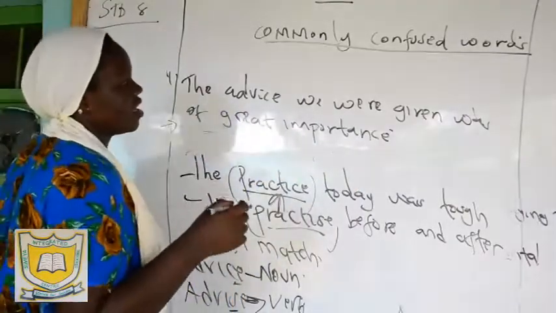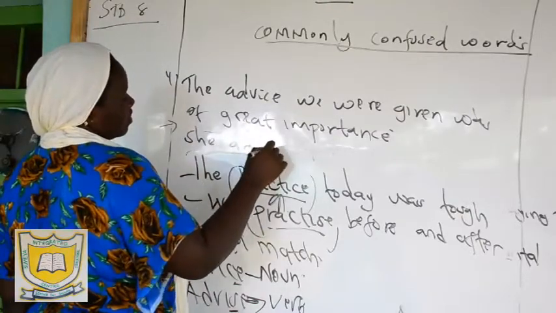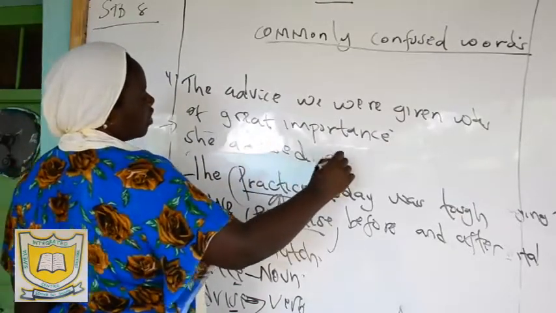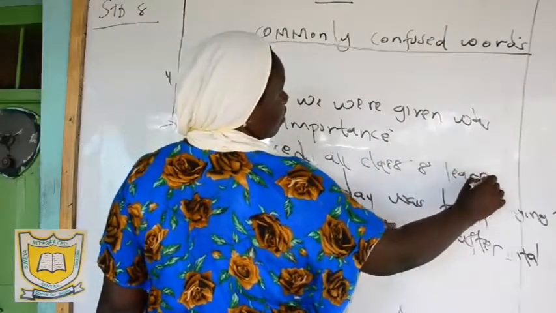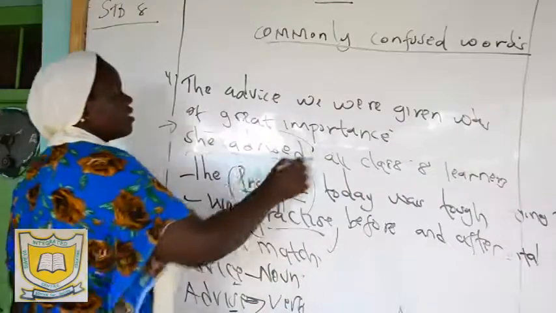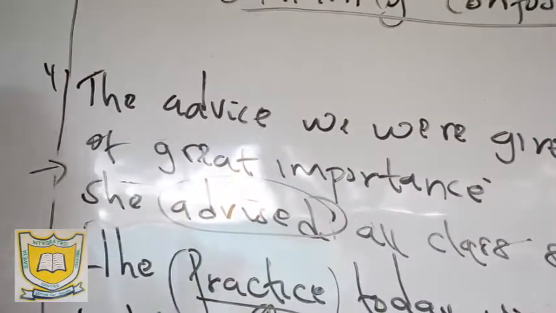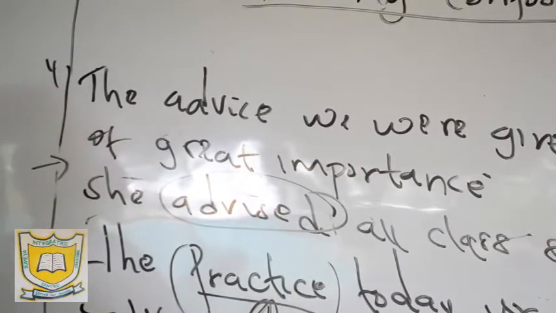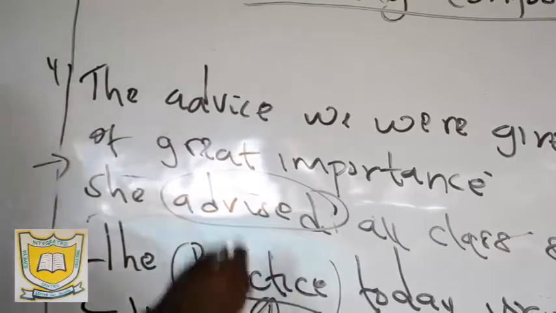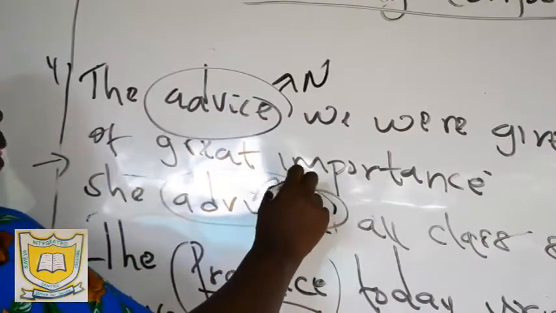Then you can say she advised all class 8 learners. Like you are given advice for class 8 learners, whatever you are being taught. And then you have advice, which is a noun. So advice with a C is a noun, and advise with an S is a verb.